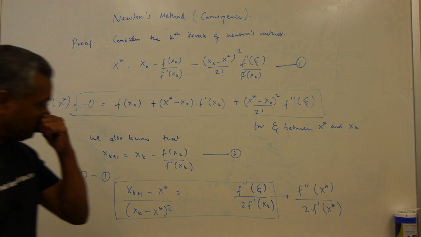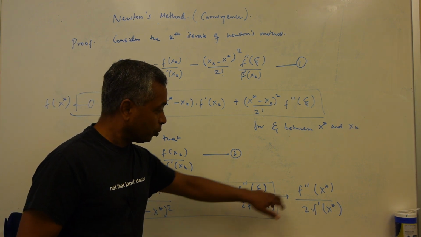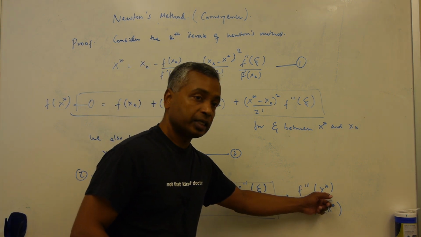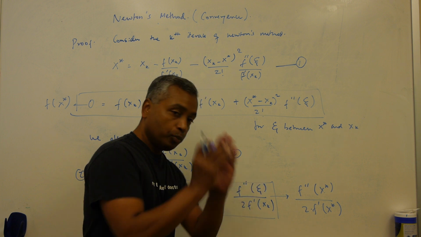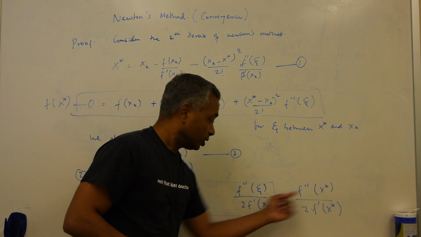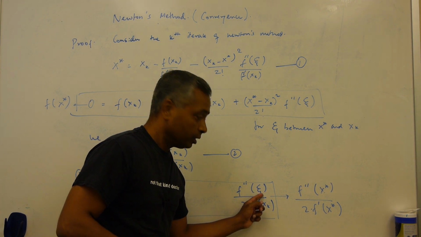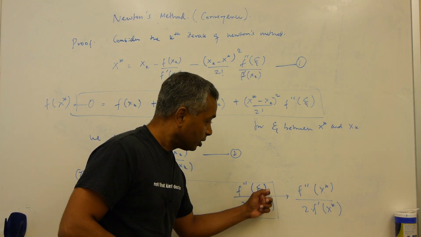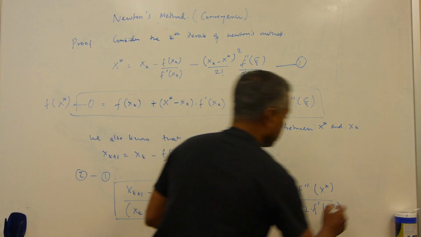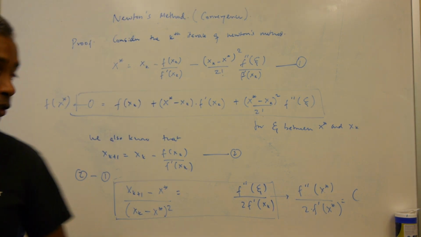I won't give you a detailed proof of this, but it's easy for you to see that as your iterates get closer to the actual solution, as xk's start to get closer to x star, remember this eta is simply some point that is picked between the kth iteration and the true solution. That's some point in that interval. Okay? So as that interval becomes smaller and smaller, this quantity tends to this, and this quantity becomes a constant as you come closer and closer to the solution.